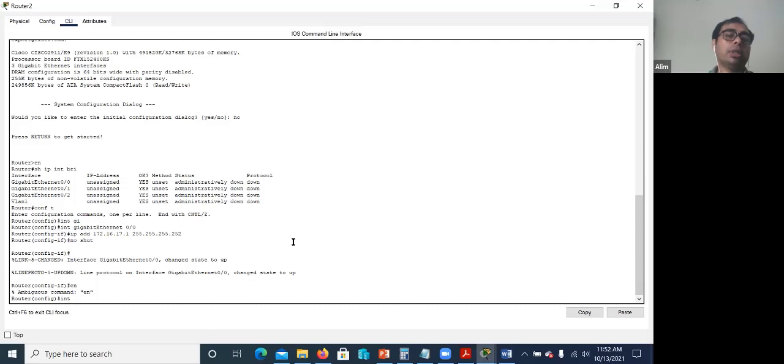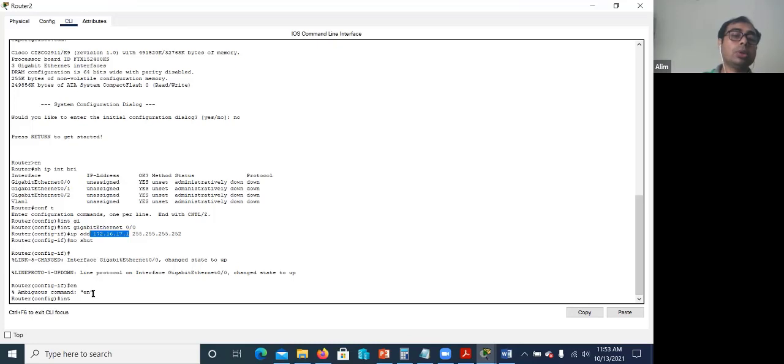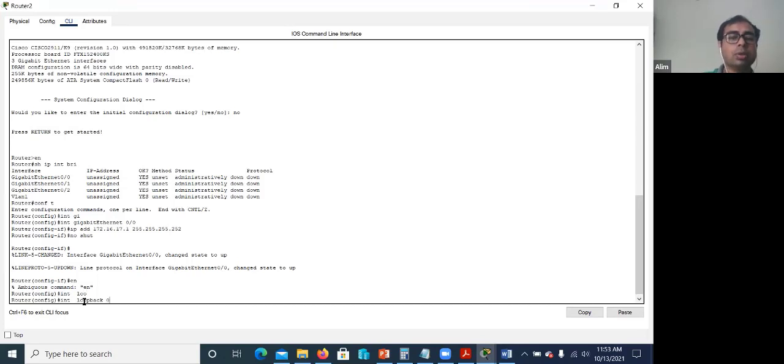For example, in this router, we set 172.16.17.1. This is the interface IP address. You can use an SSH connection or web-based management. Also, you can use a loopback. Some people prefer to use loopback because loopback is not dependent on an interface.